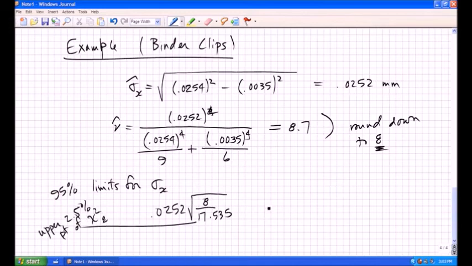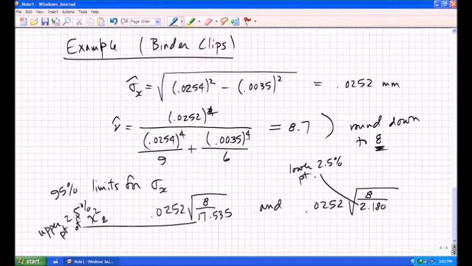So the upper limit is 0.0252 multiplied by the square root of 8 over 2.180, and that 2.180 is the lower 2.5 percent point of chi-square 8.